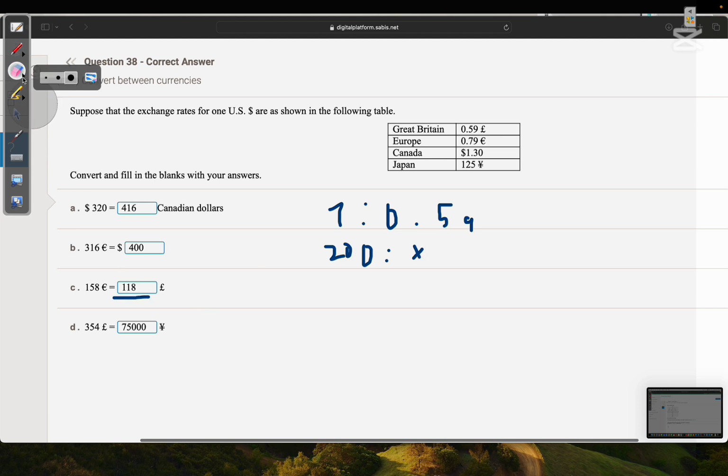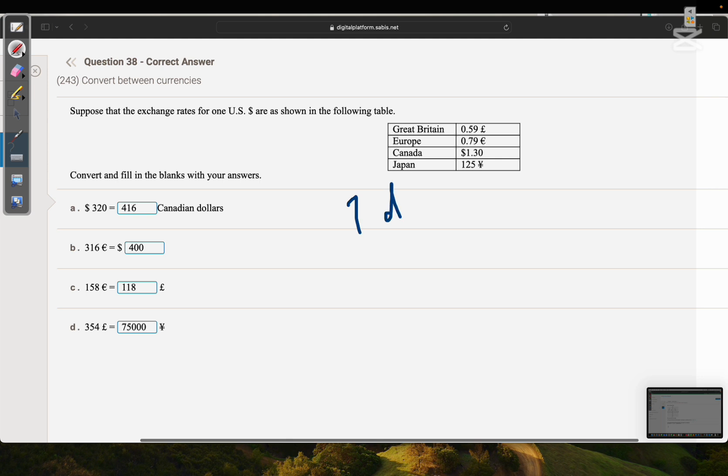We do the same thing for the last one. So 354 British pounds is how many dollars? So $1 is 0.59 British pounds. So how many dollars is 354?